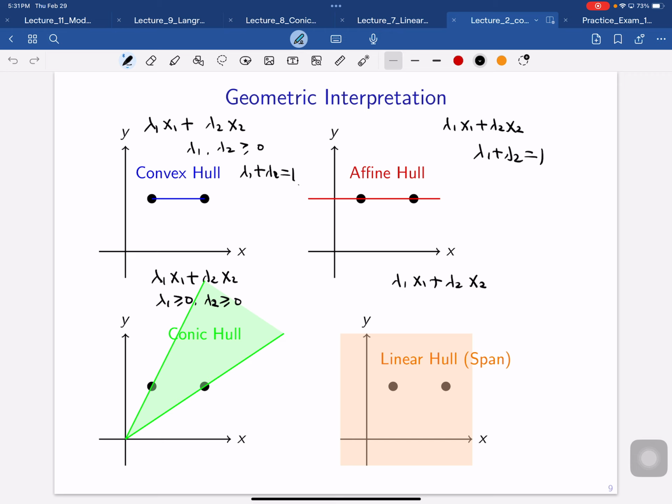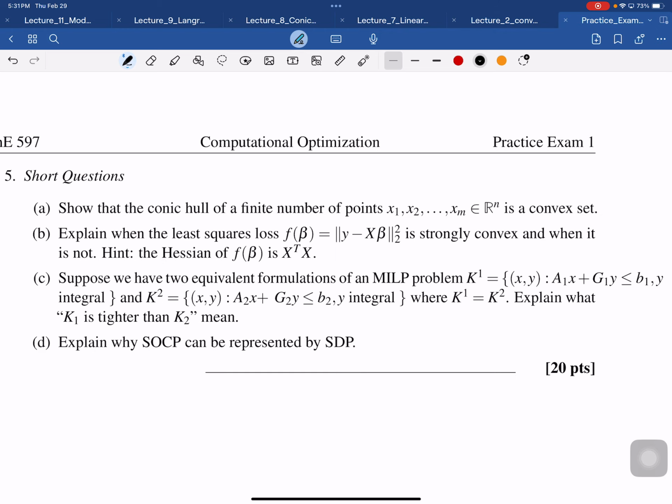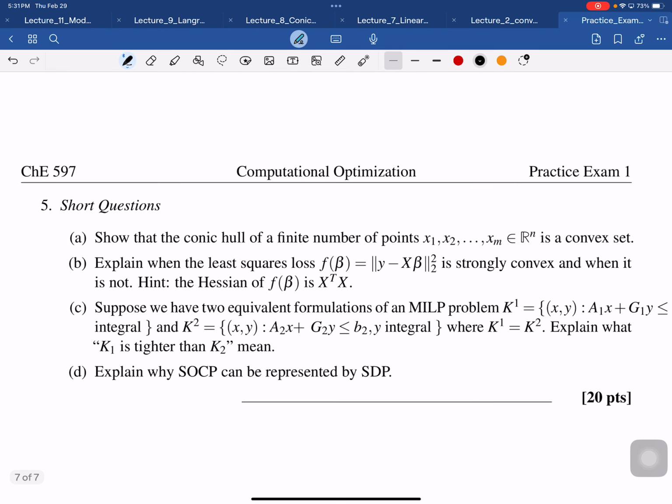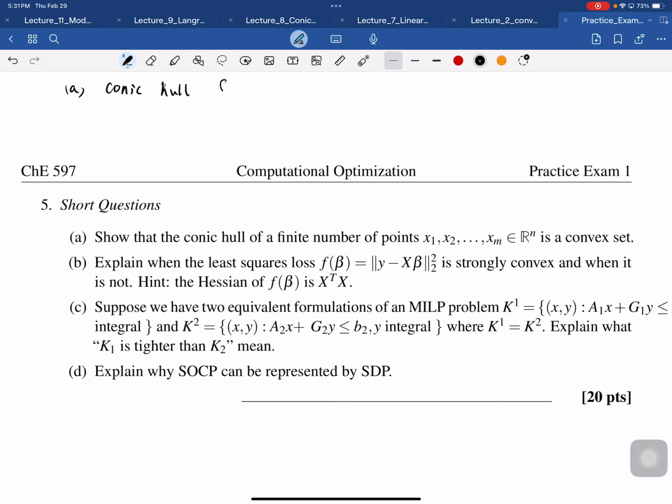And by definition, let me write it here. The conic hull of a finite number of points is a set such that x can be represented by a conic combination of those m points, and all the lambda i's are greater than or equal to 0, for i from 1 to m.